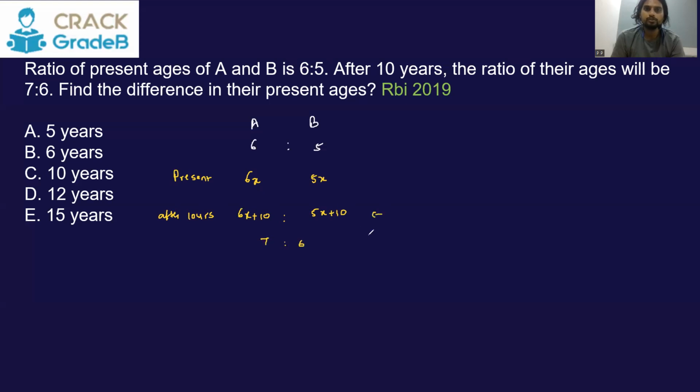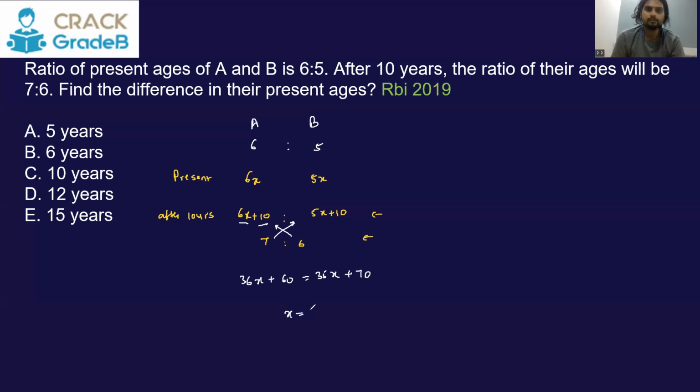So if the value of this ratio is 7:6, you can just equate these two, or you can do cross multiplication and equate this. This is what we do when we equate the ratio, right? So 6 multiplies with both the terms here. That becomes 36x plus 60 is equal to 7 into 5, that is 35x plus 70.